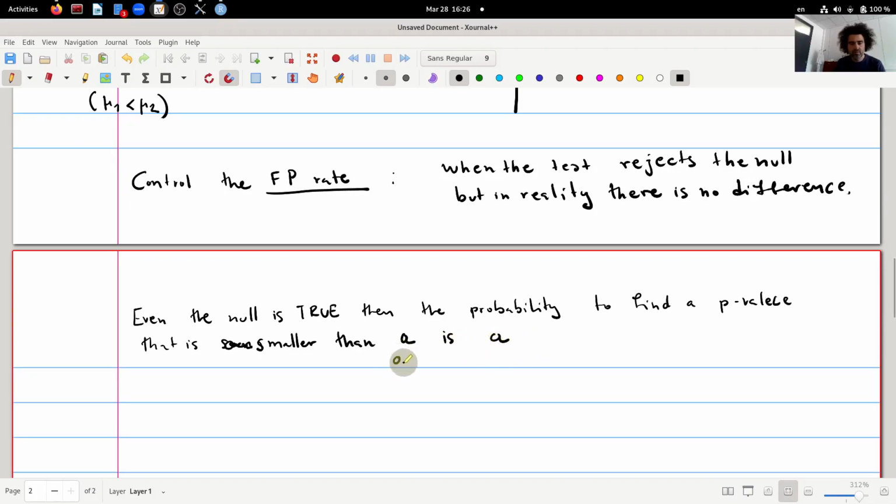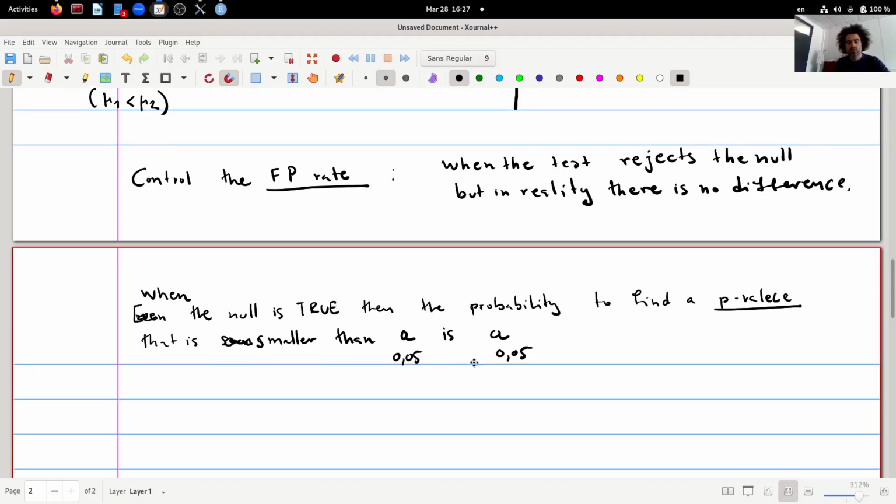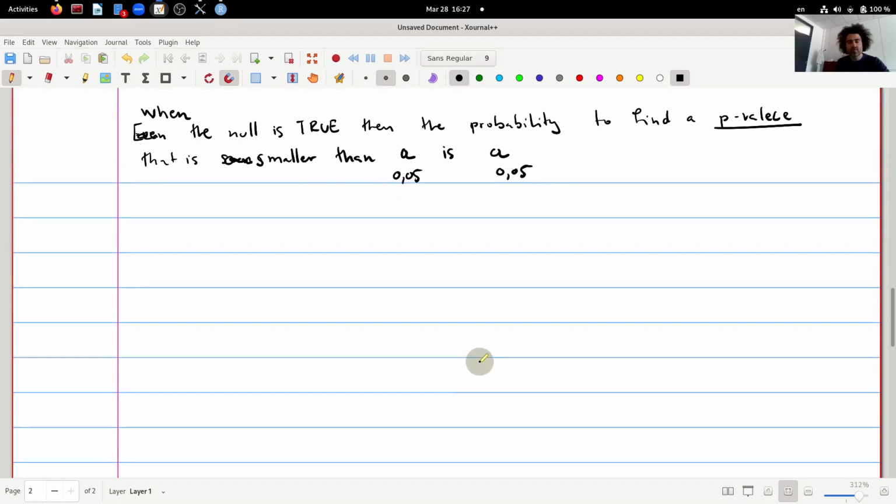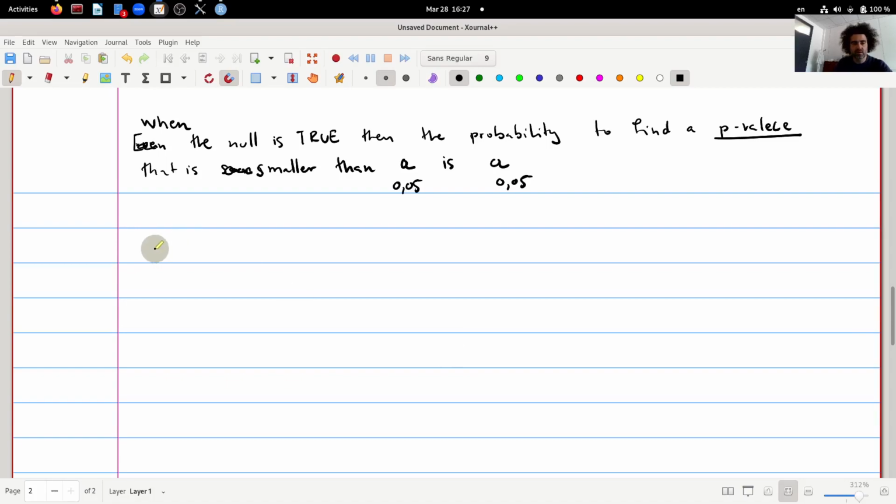So if this is 0.05, this will be 0.05. So when the null is true, the probability to find a p-value that is smaller than 0.05 is exactly 0.05. And since this is not a very high probability, we take the risk to reject the null hypothesis. Now the problem comes when we have to do multiple hypothesis testing.